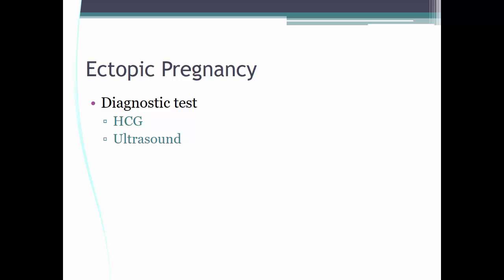Hemodynamically unstable patients require immediate laparotomy and, of course, treatment of hemorrhagic shock. For stable patients, treatment is usually laparoscopic surgery. Sometimes laparotomy is required, with salpingotomy or salpingectomy.